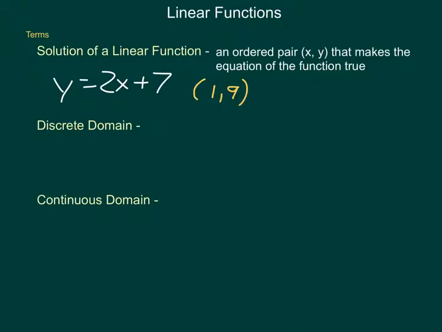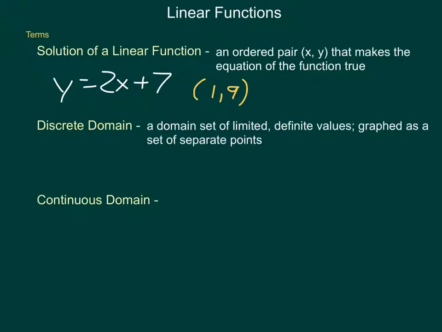Next, discrete domain. This is a domain set, or my input x values, of a limited definite value, graphed as a set of separate points. So anytime I have things that exist in isolation with no connecting values in between, I have a discrete domain.